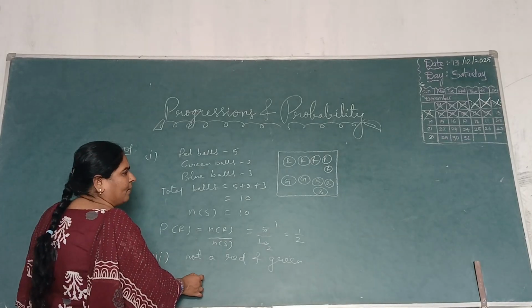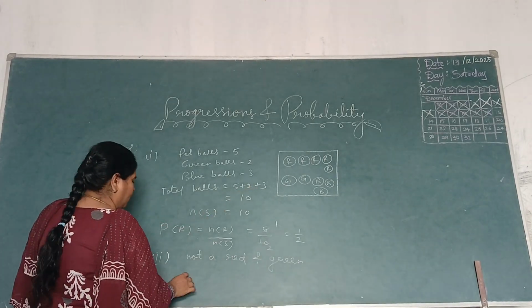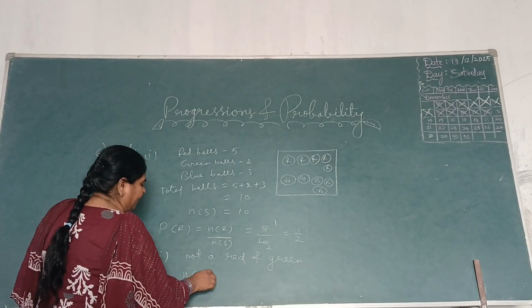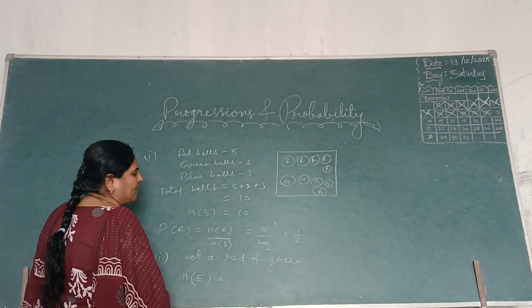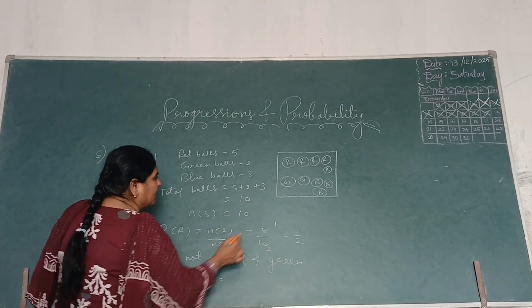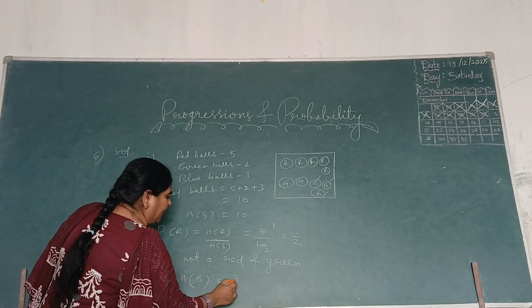Here let me do it in the simple way. That is not a red and green, that is nothing but blue. So n of b, how much? 3. How many are blue? 3, madam.